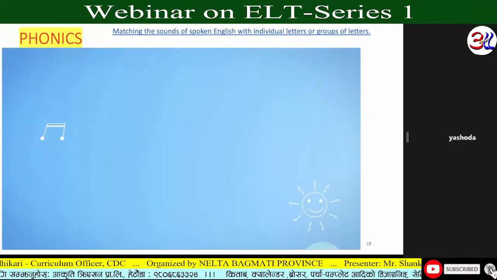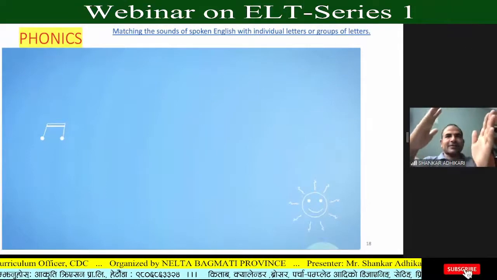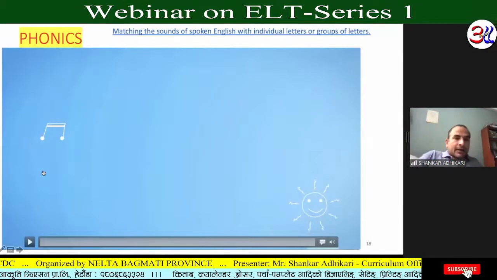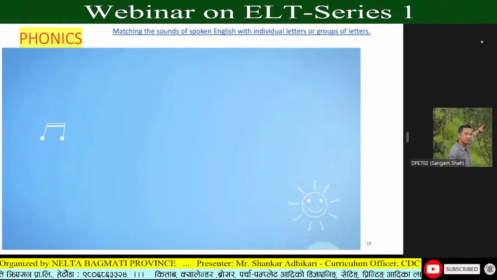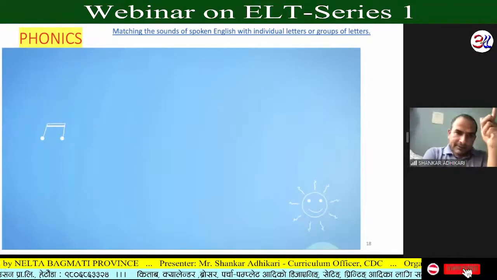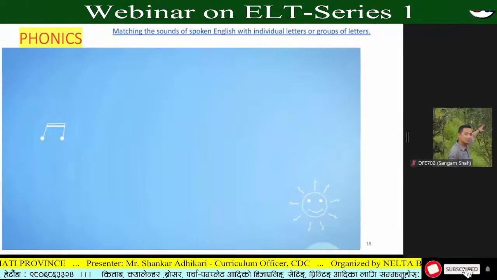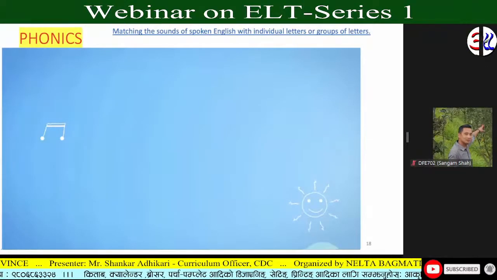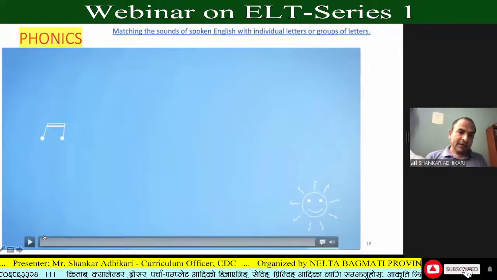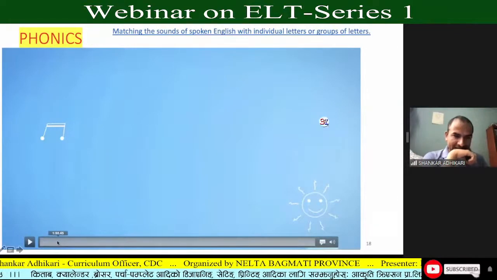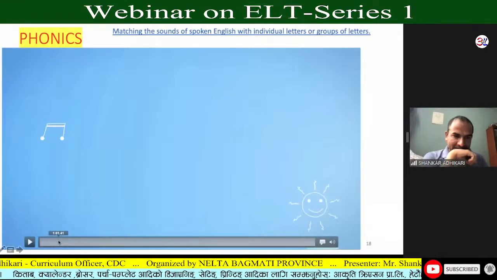That's matching the sounds of spoken English with letters. During the first or second slide I was talking about the fact that we have adopted the phonics method, right? So how does the phonics method take place?